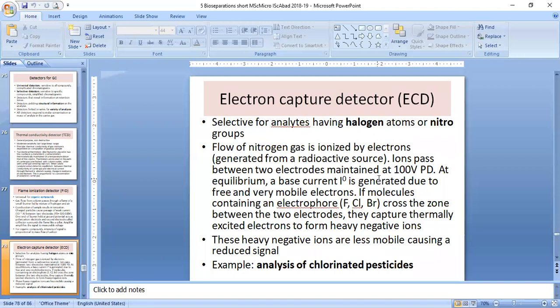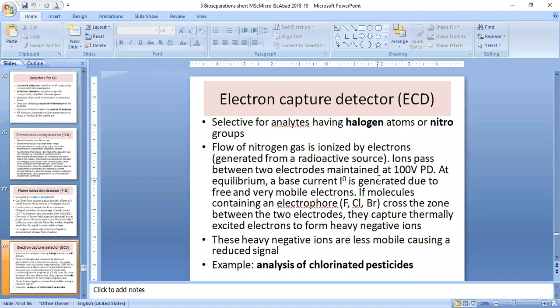Now here what happens is there is a flow of nitrogen gas through the detector. Nitrogen gas flows through the detector, and there is a radioactive source actually. This is very interesting. There is a radioactive material which is placed in that detector, and because of the radioactivity, the nitrogen gas atoms get ionized.